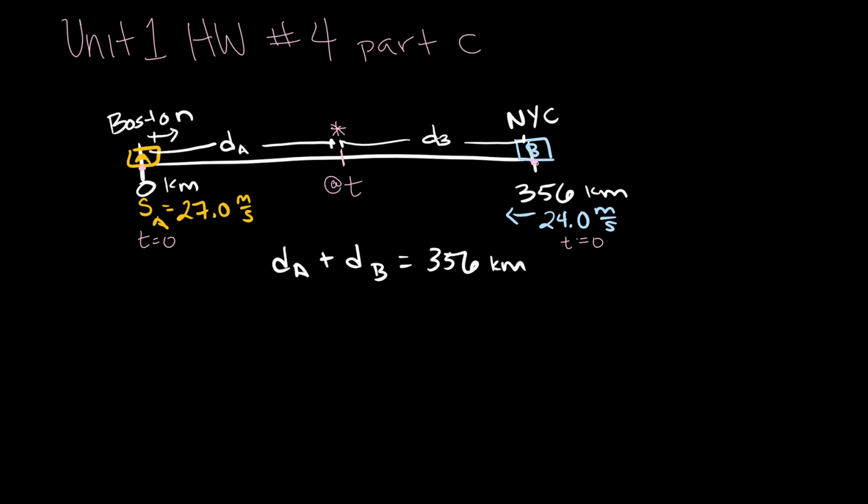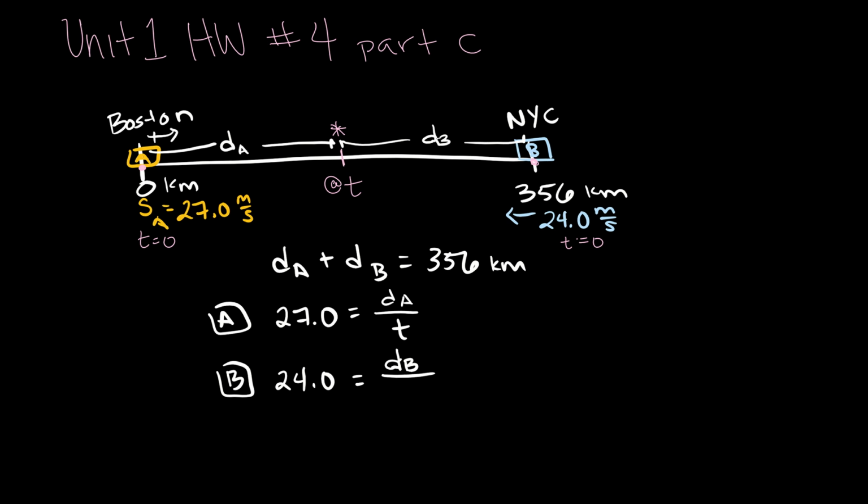We know the speed of A. 27.0 is going to equal the distance train A travels divided by the amount of time. That's for train A. And for train B, we know that 24.0, its speed, is going to equal the distance it travels in that time t.